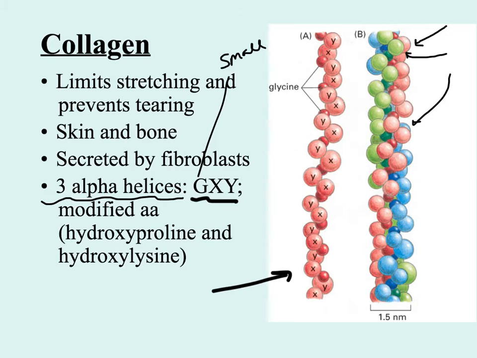The second really cool thing is that there are modified amino acids. That means it's a normal amino acid, but it's been modified slightly. So the 2 amino acids that get modified are proline and lysine. Proline, you should remember, is the one that causes kinks.